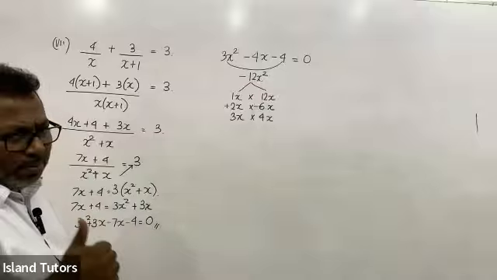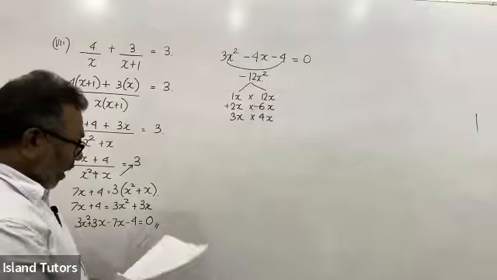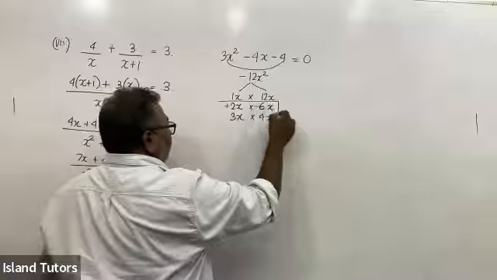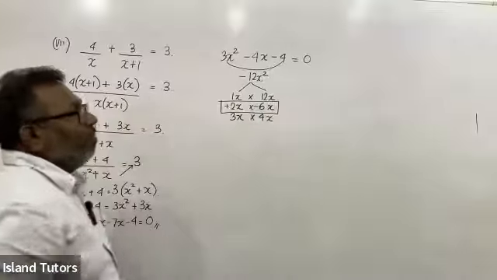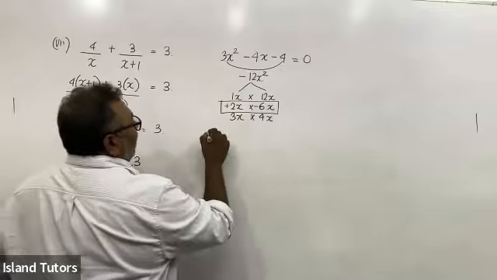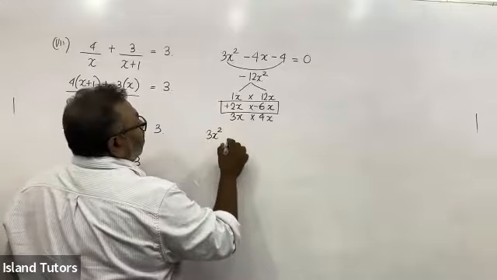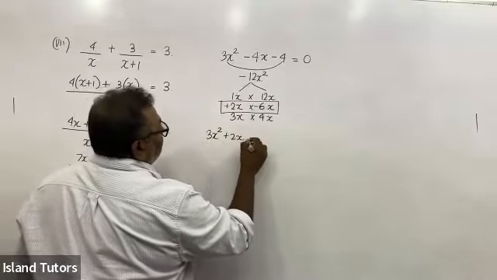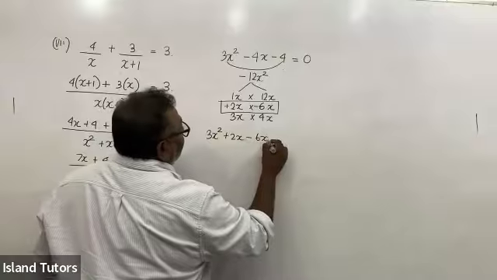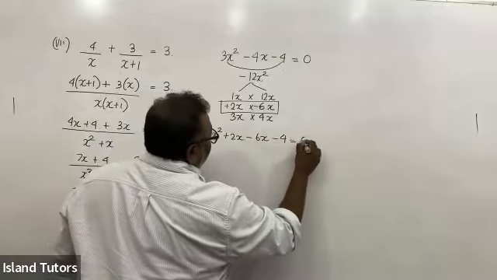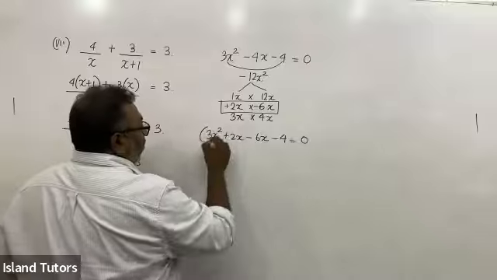So you have to double check whether both are working properly. Okay, so then you take this pair of factors. So 3x squared plus 2x minus 6x minus 4 is equal to 0.